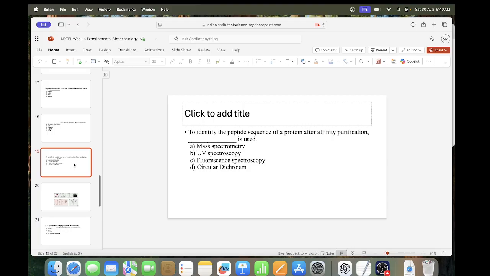Right. Do you also know about any of the other options? UV spectroscopy, fluorescence spectroscopy, circular dichroism. Circular dichroism is used for conformation changes. Okay, when you say conformation changes, can you be a bit more elaborate?